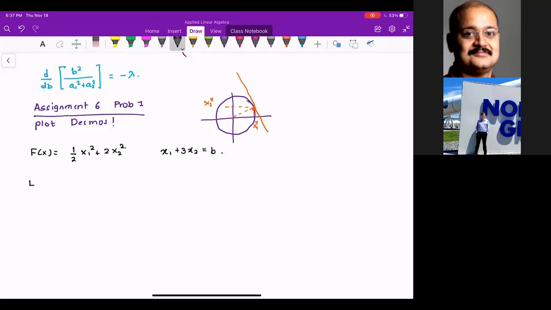So the Lagrangian is equal to 1/2 x1 square plus 2 x2 square plus lambda times (x1 plus 3 x2 minus b). Partial L by partial x1 is equal to x1 plus 0 plus lambda is equal to 0.